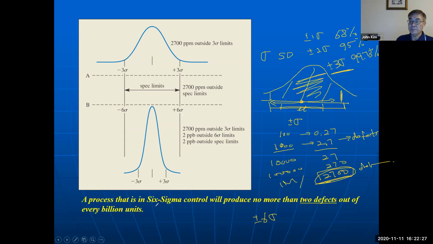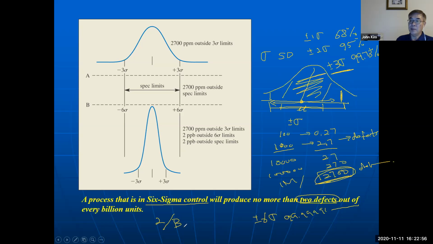Then the inside is 99.99999 and so on. Under the 6 sigma quality control limit, up to 2 defects are allowed, so 2 out of a billion.